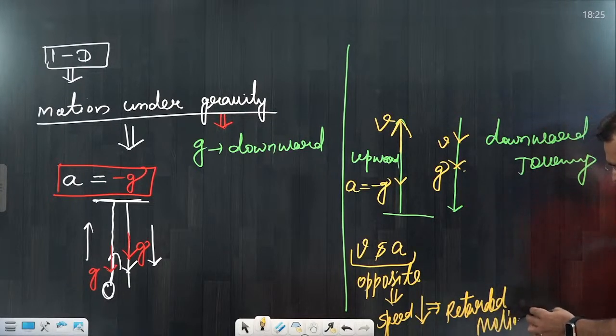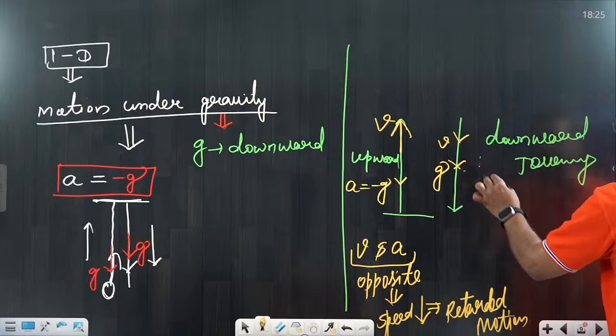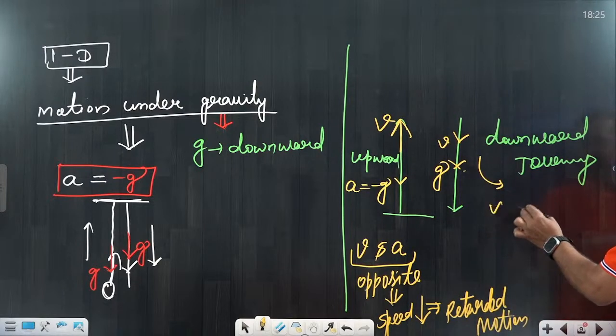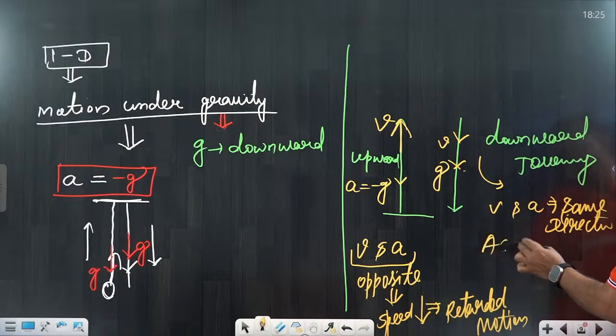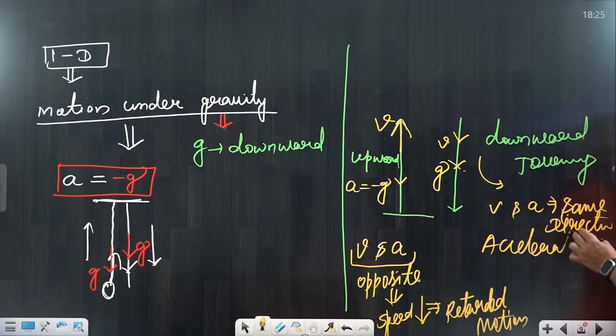Very important. Remember that. And whenever moving downward, v and a, that is g, are in the same direction. Same direction means accelerated. That means this motion is accelerated motion. Remember that.